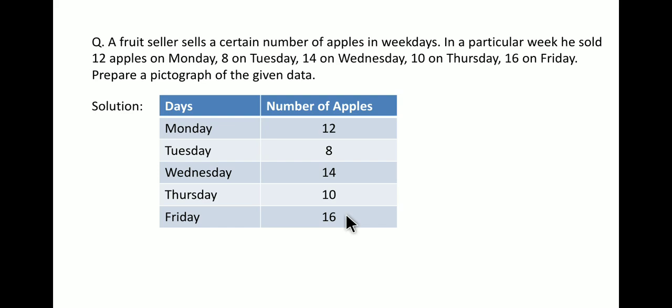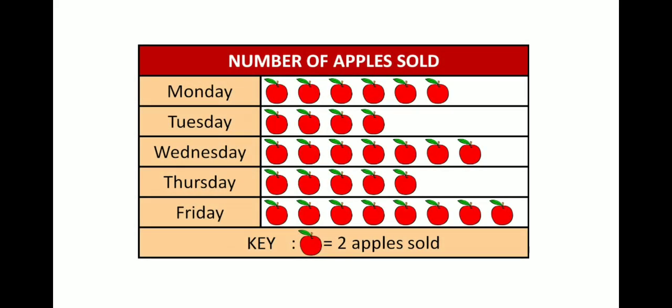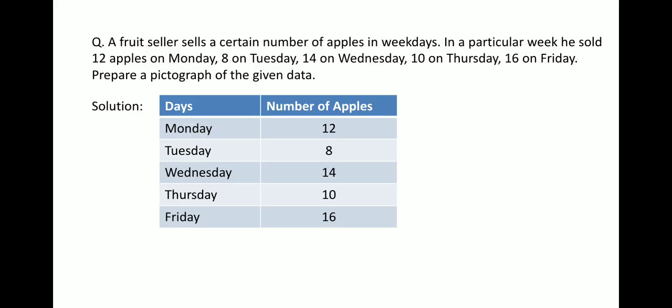So here I have prepared a small pictograph where the picture of an apple is used, where in the table we can see that there have been 12 apples sold on Monday, 8 on Tuesday, 14 on Wednesday, 10 on Thursday, and 16 on Friday.